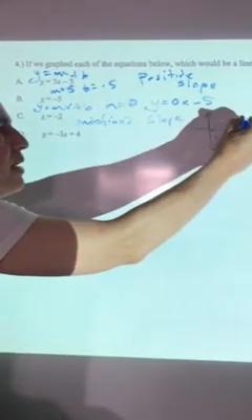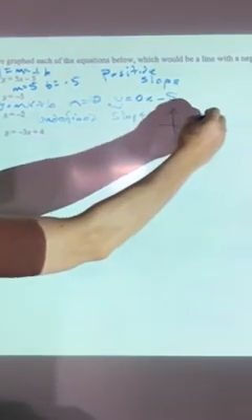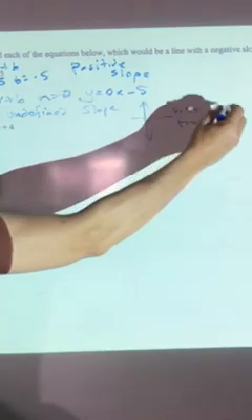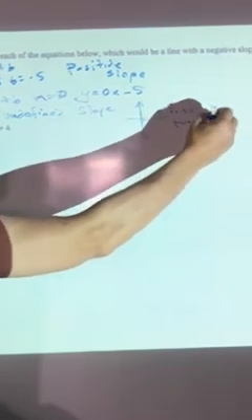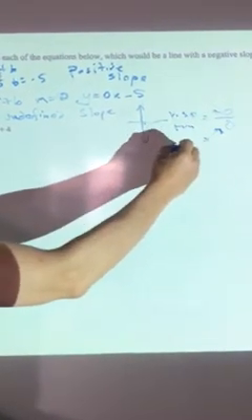So the rise over run here is such that this is infinite and this is 0.